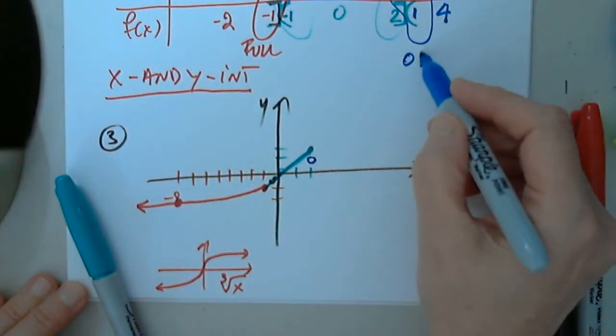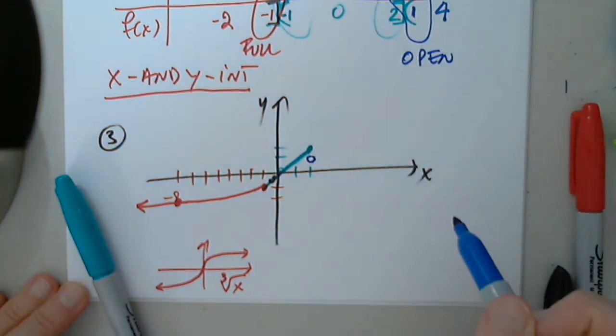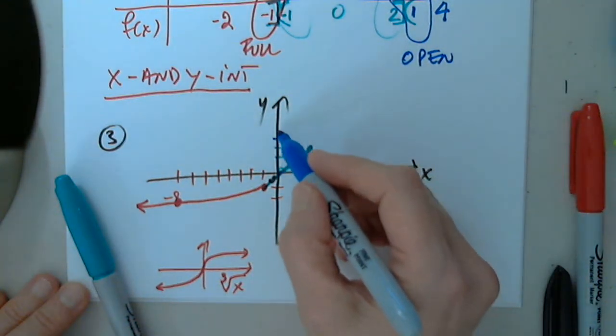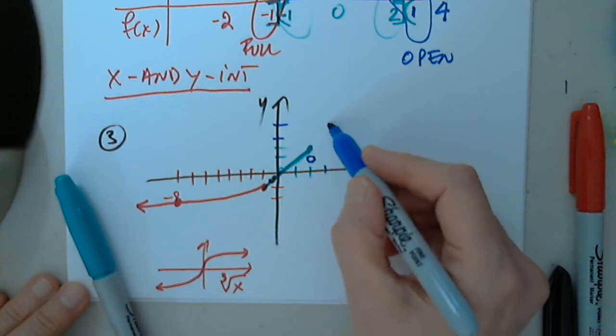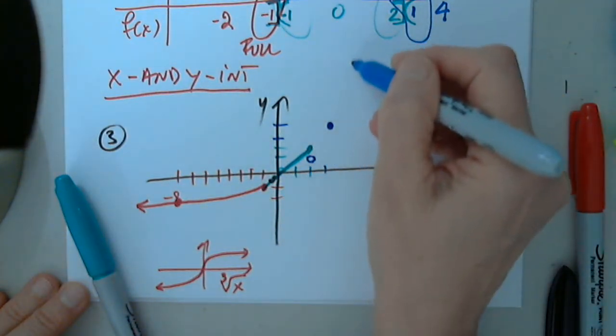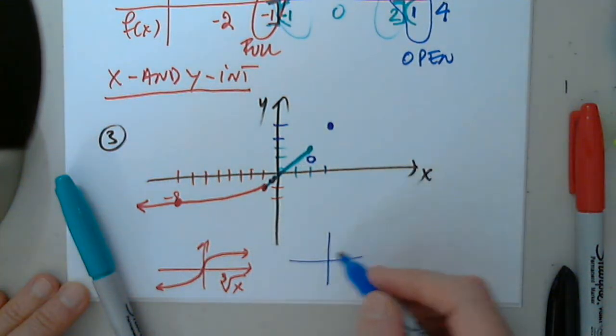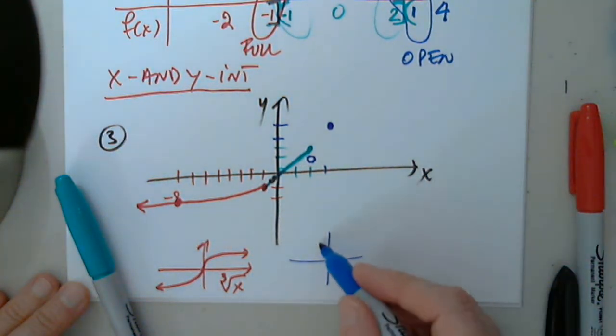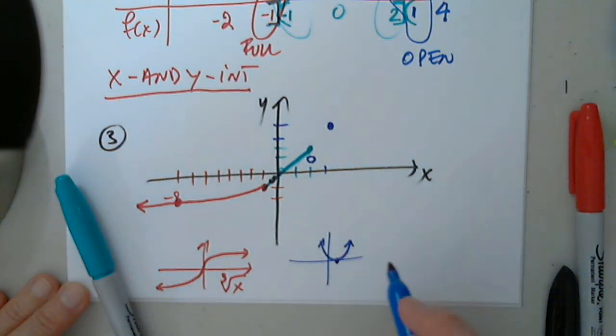This has to be an open point. And then 3, 4. And here's a quadratic function. So this is a quadratic function like this, right? So we know that x minus 1 squared would have looked like this with a vertex at 1. But I can't.